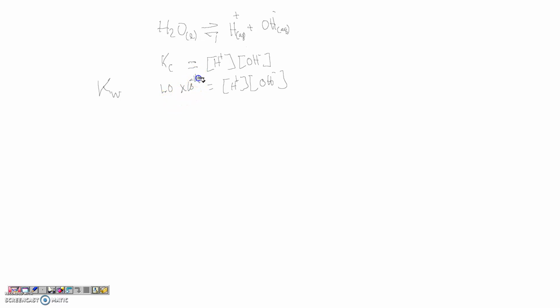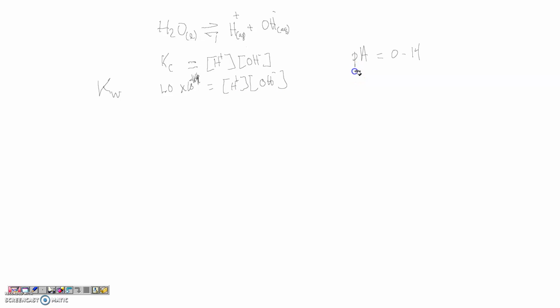I wrote this kind of sloppily, but 14. Hopefully this minus 14 rings a bell. The pH scale is based on this. It is from 0 to 14. I mean, we can go beyond this, but typically that's the range we're going to find things in.